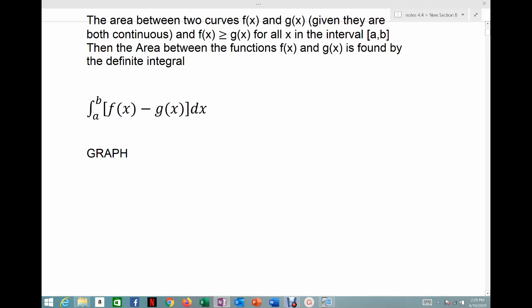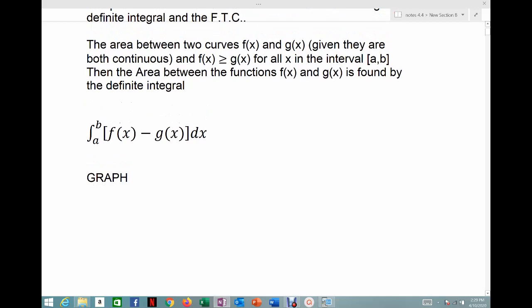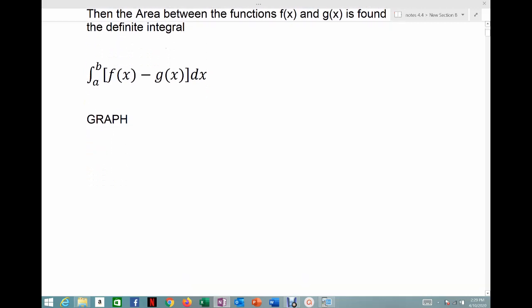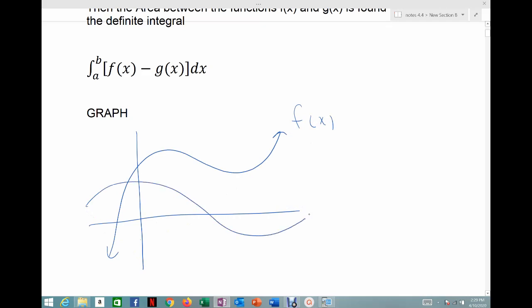Alright, and so I'm actually going to do two different graphs here. I'm going to show you the original and then what happens when we're integrating. So I'm going to start with the original two functions, two curves. I have some f of x, some g of x, and I'm integrating and I want to know between a and b.